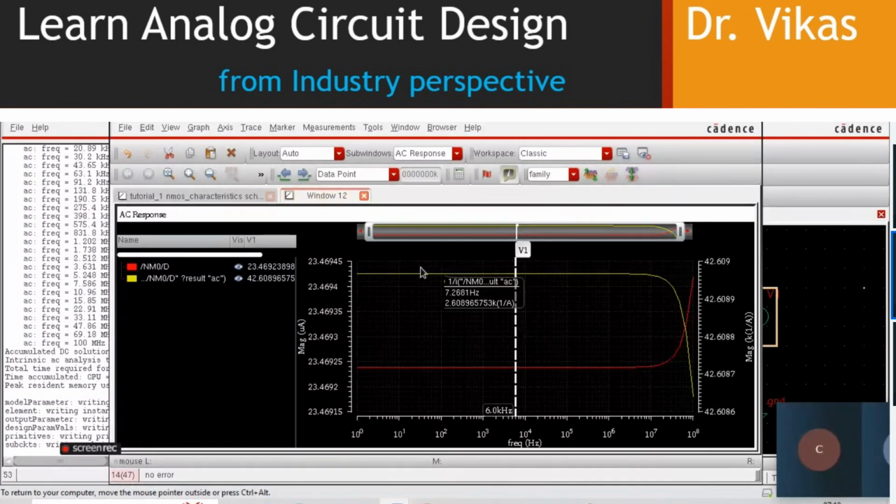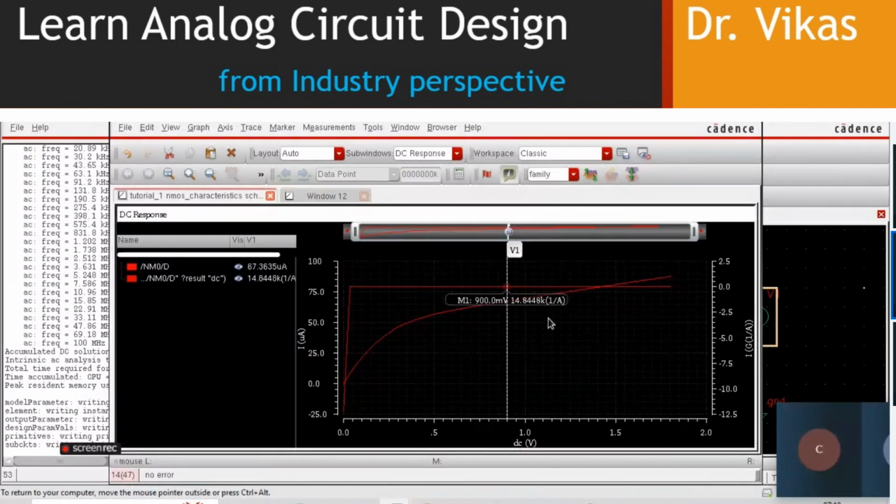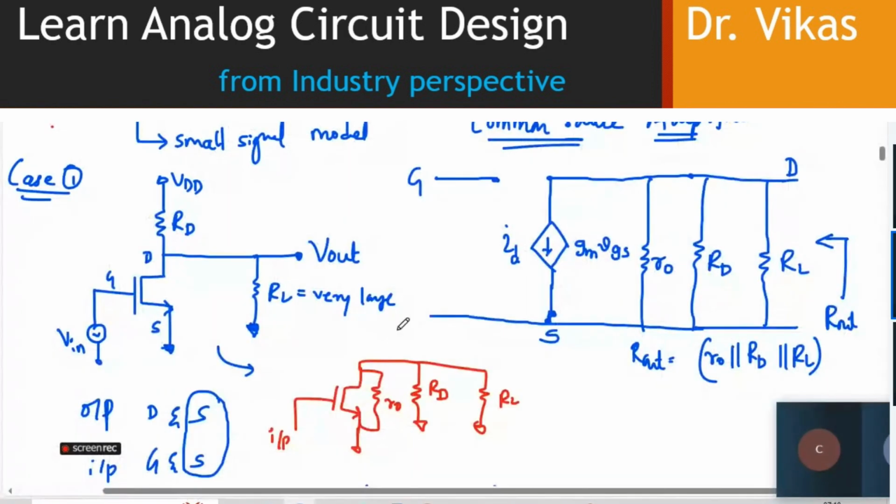Now, look here. We cannot claim the DC value as the output resistance, because of how we calculate the output resistance. When we calculated the output resistance, remember what we did? We shorted all our DC sources. The notion of calculation of output resistance is that we short the DC sources and apply some AC supply at the output side.